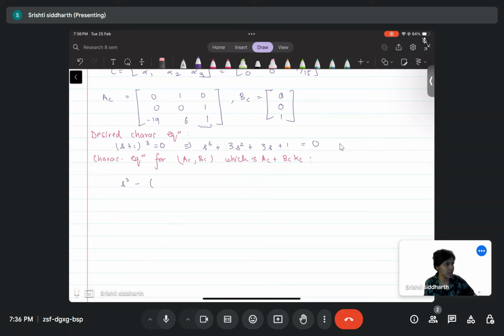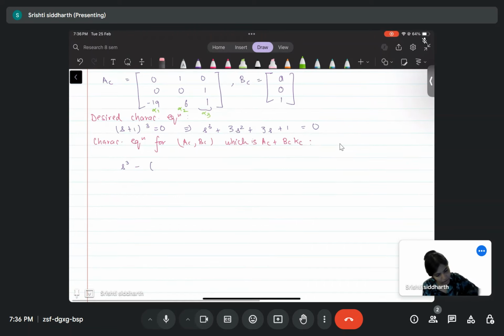So let's just name this. We have alpha 1, alpha 2, alpha 3. And in this case, the characteristic equation is simply minus alpha 3 plus K3C times s squared, then minus alpha 2 plus K2C times s, and minus alpha 1 plus K1C. So this is 1 plus K3C.